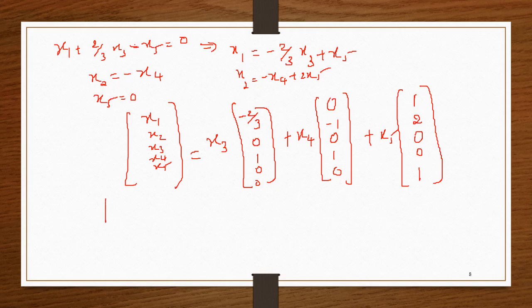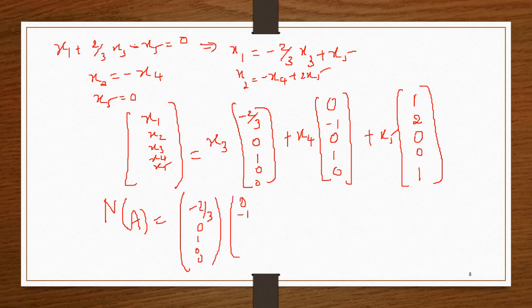So we can write the null space of A as minus 2/3, 0, 1, 0, 0. One more vector is 0, minus 1, 0, 1, 0. The last vector is 1, 2, 0, 0 and 1. So this is nothing but the null space for the given problem.